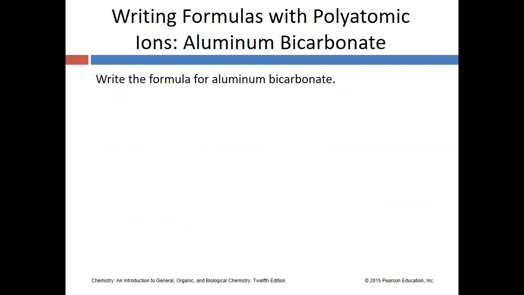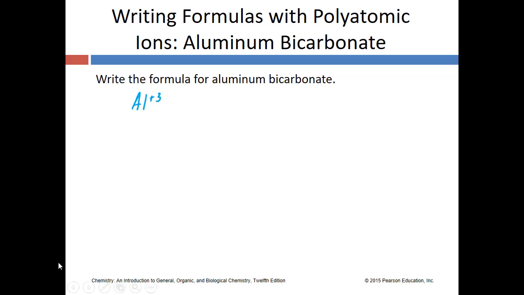So we'll leave today with just one example, just to show what you're doing here. If it's enough to springboard you into the homework, great. If not, we'll do some more examples on Thursday before we talk about molecular compounds. Aluminum bicarbonate. For aluminum, we can look at the periodic table. It's in group 3A. We know it's +3.